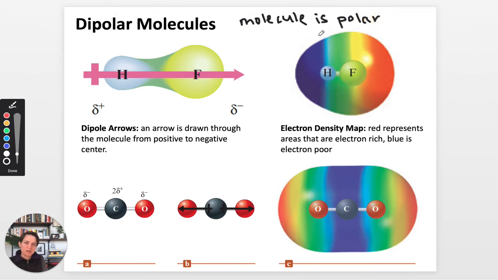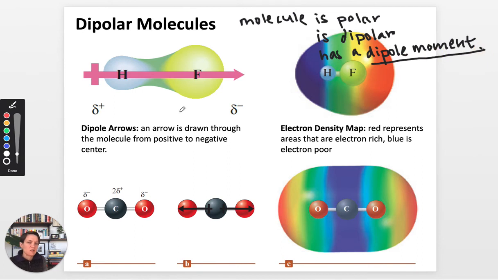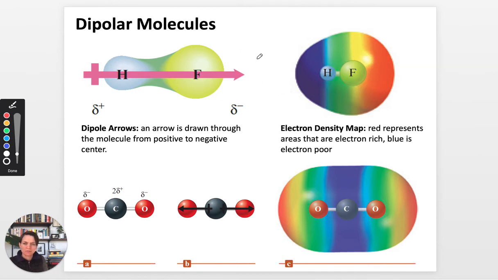We could also say the molecule is dipolar, just meaning it has two poles. Or you could also say the molecule has a dipole moment. These are all equivalent statements. Chem 101 uses dipole moment. That just means that it's a polar molecule.